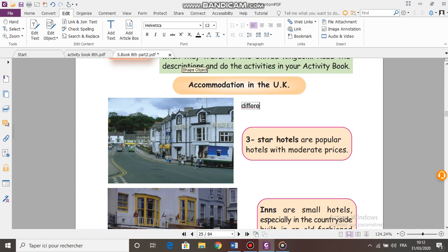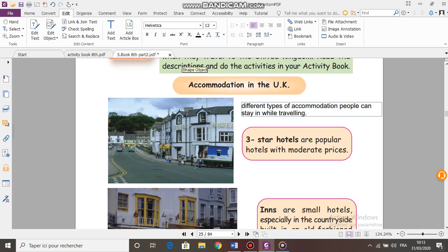So, different types of accommodation people can stay in while traveling.